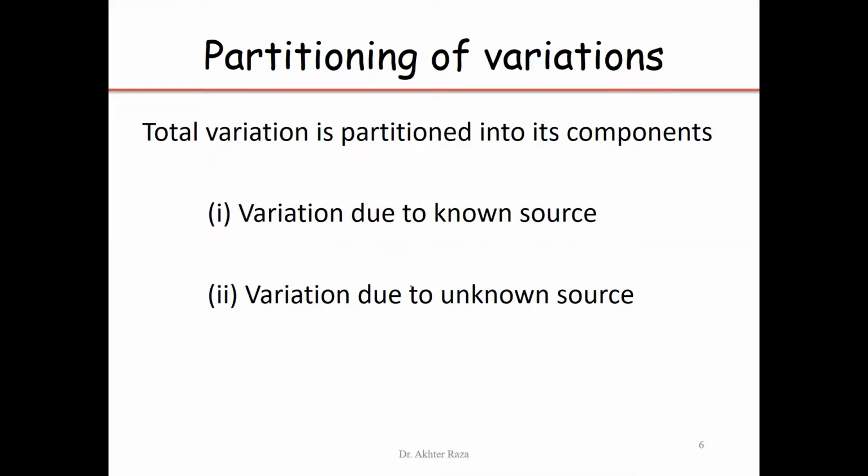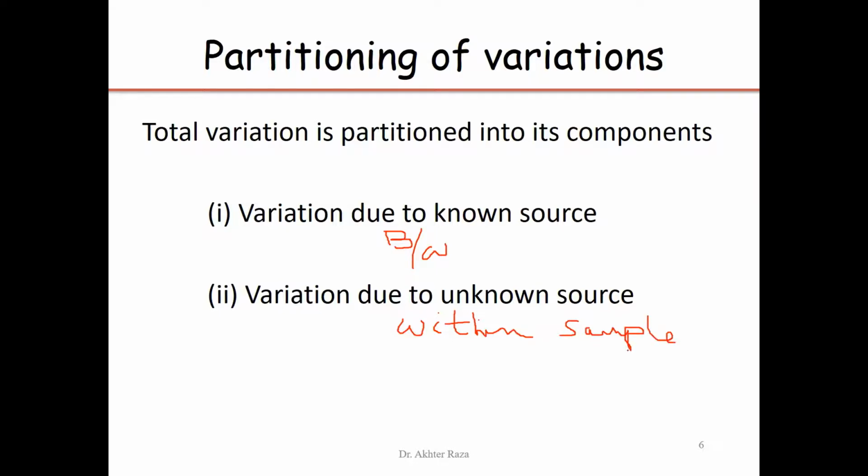Between samples and within sample, these are the two terms. The term within sample will be more appropriate if we are not considering any single example. The within sample means any sample, like my sample in the previous example of varieties.